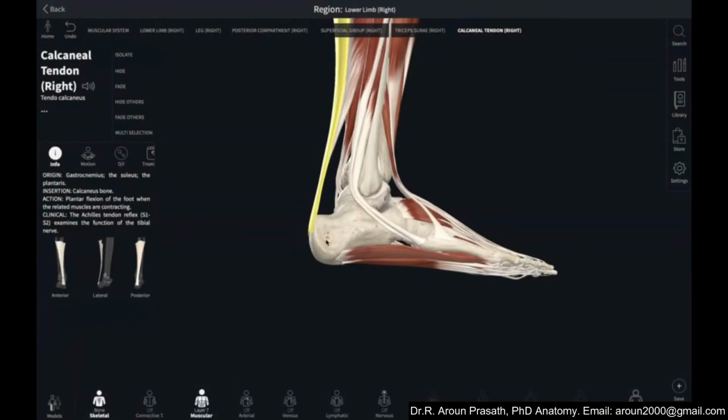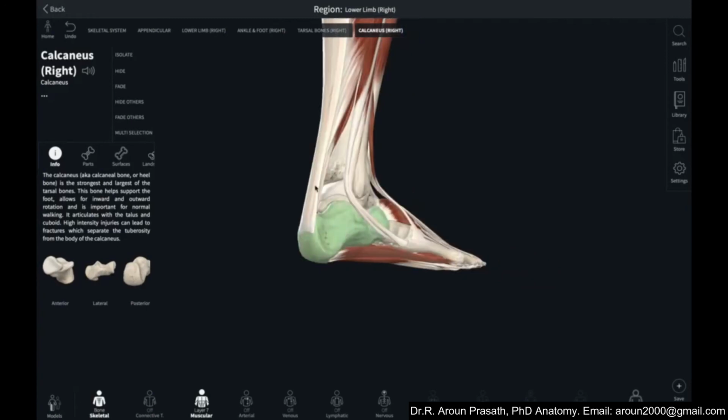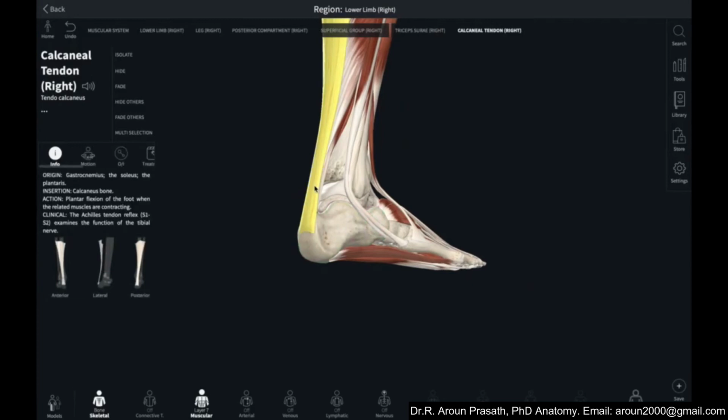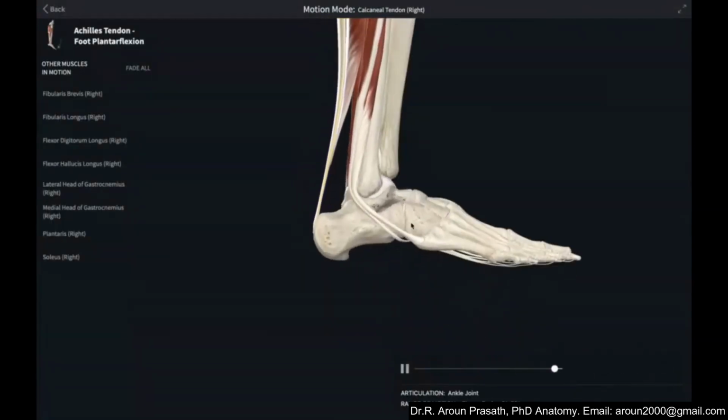Because this is the calcaneum bone, and the tendon inserts into this calcaneum. That's why it's called the tendocalcaneus or Achilles tendon. It is said to be the strongest tendon in the human body.